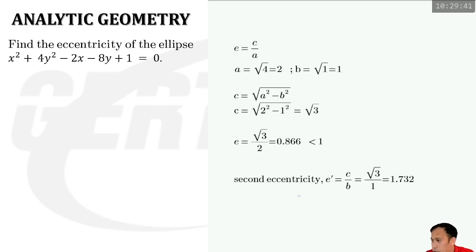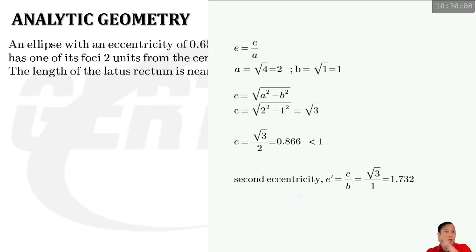Now, another question, all about ellipse. An ellipse with an eccentricity of 0.65 and has one of its foci 2 units from the center.